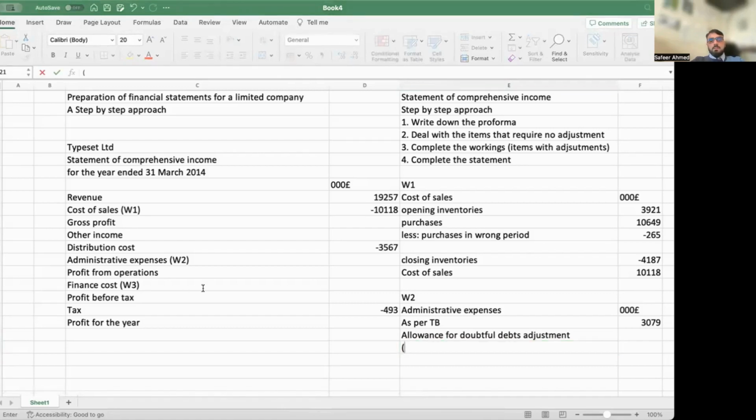Remember, they said it is 2% of the trade receivables. The trade receivable amount is given to you, which is 3100, times 2%. So whatever that amount will be, minus the allowance for doubtful debt given to you as part of the trial balance, which is 37.